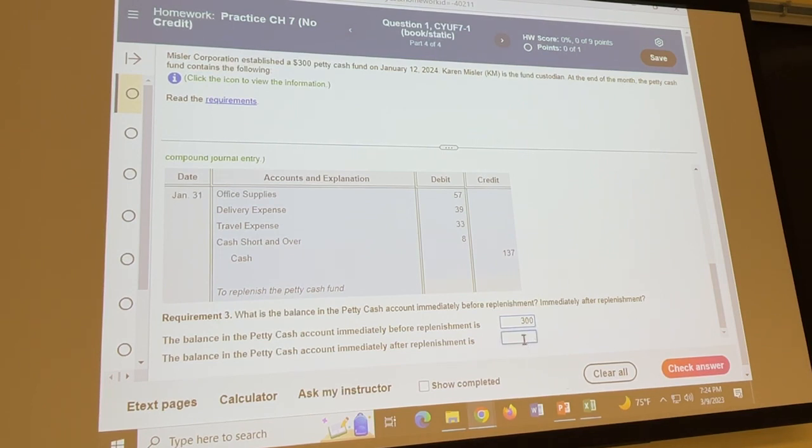And then the other question is the balance in the petty cash account immediately after replenishment is what? 300, yeah. So replenishing the petty cash fund does not affect the balance in the account that's called petty cash. It affects the balance in the account called cash, but not in the account that's called petty cash.